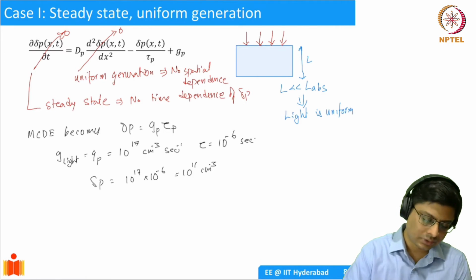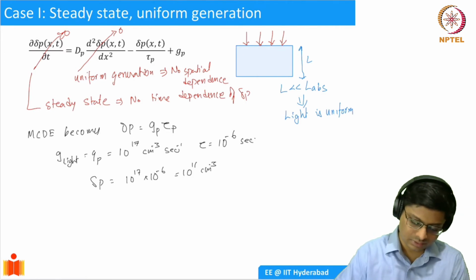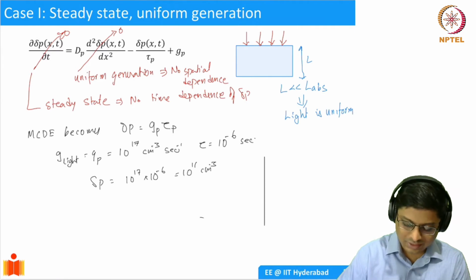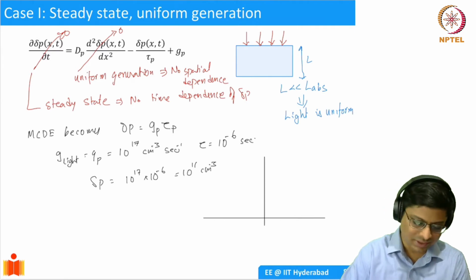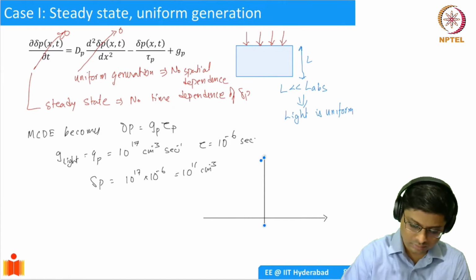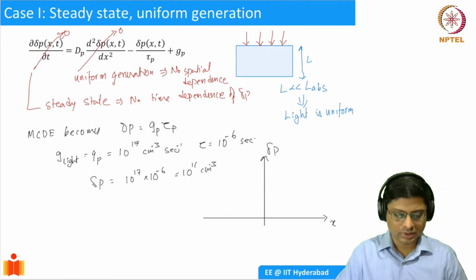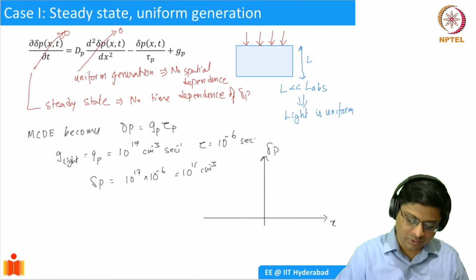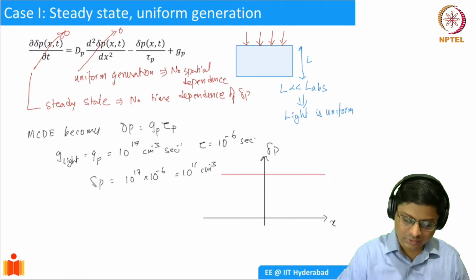So how does that depend on position? Well, if you take this as the semiconductor and plot delta P versus X, what is it going to be? It's a uniform generation, so there is no spatial dependence.